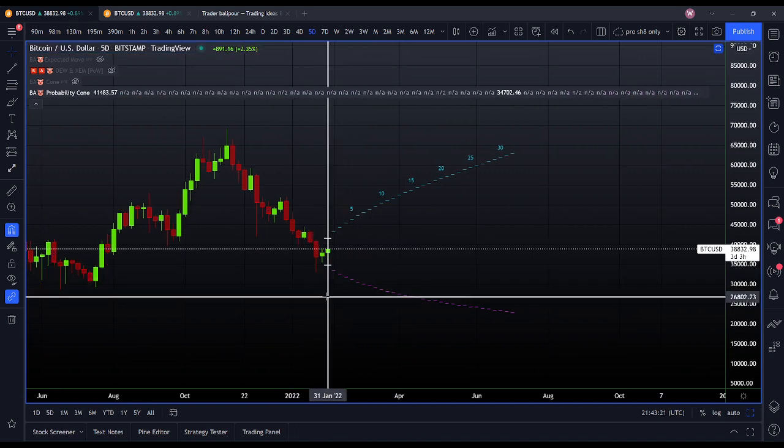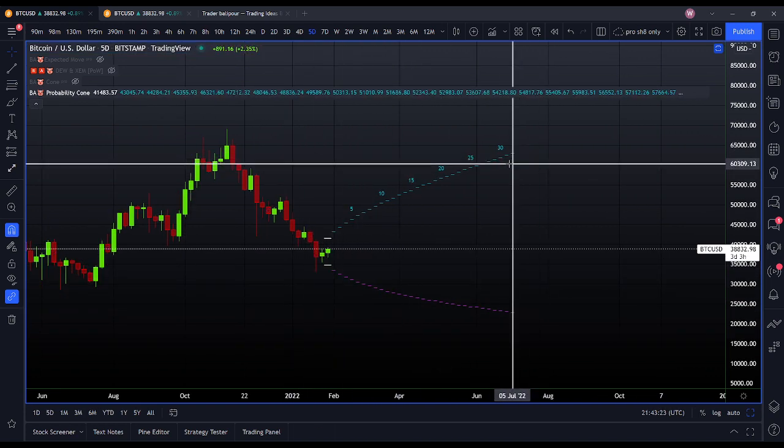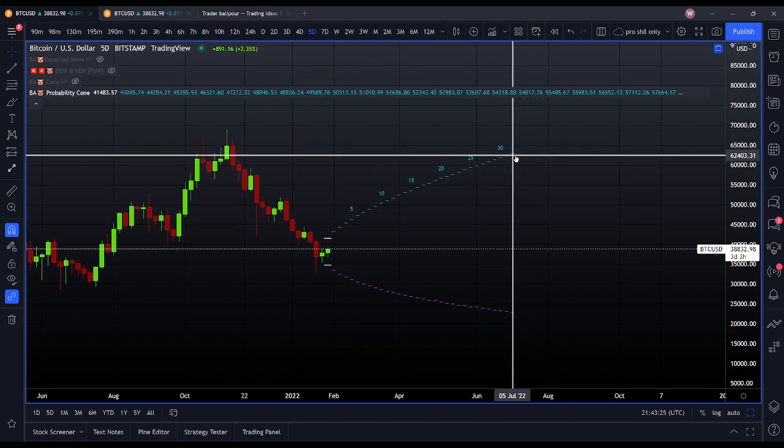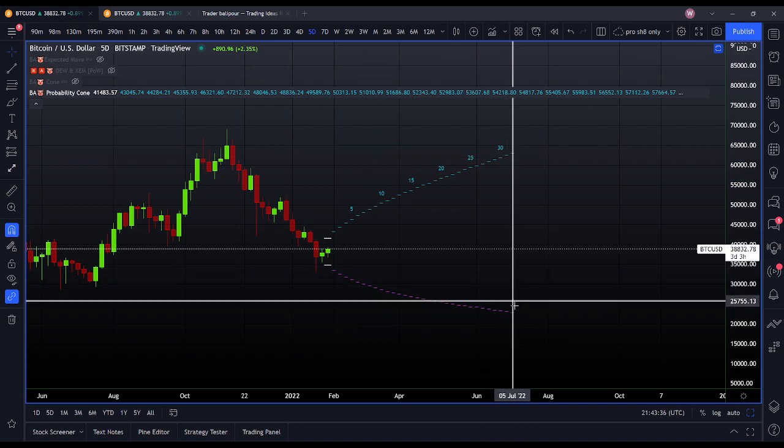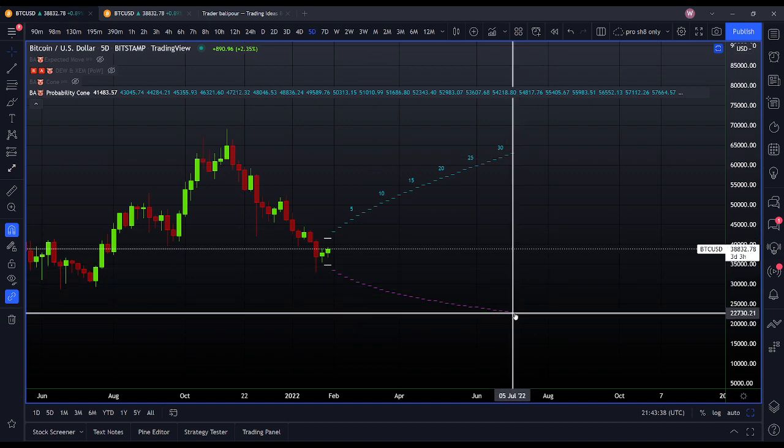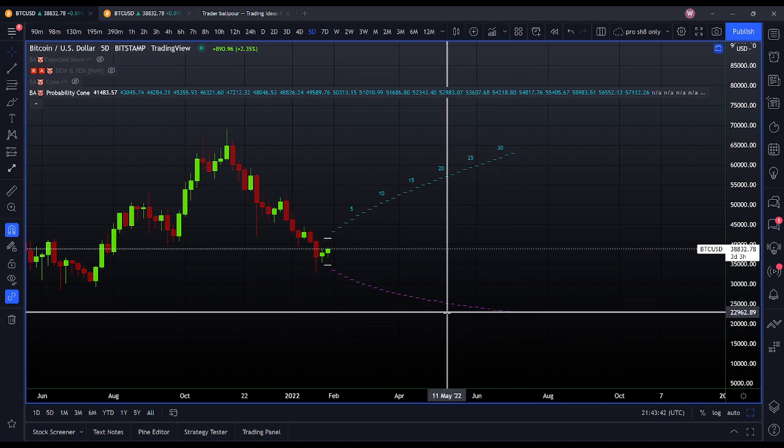So then with all of the data that we have, we can say, okay, there's a 70% probability that Bitcoin will close on the 5-day between 62,000 and 22,000 by July of 2022. So there's plenty of opportunity.